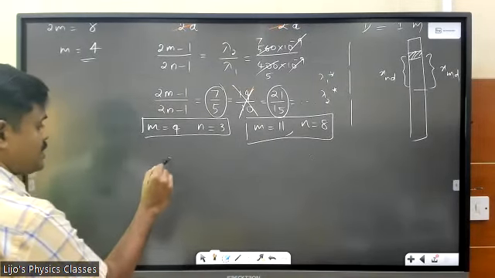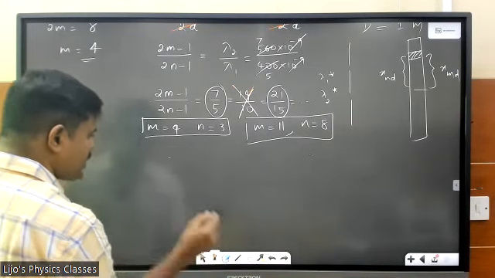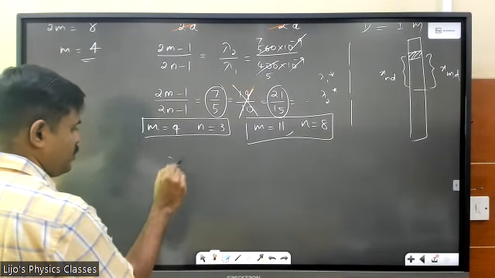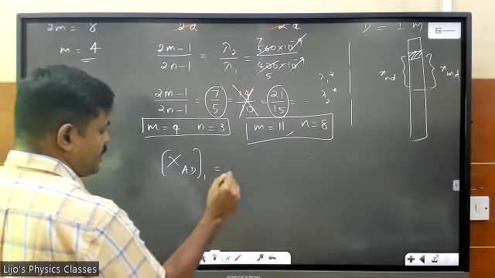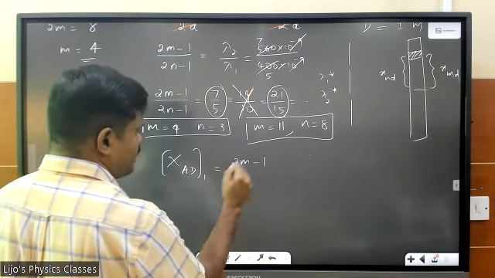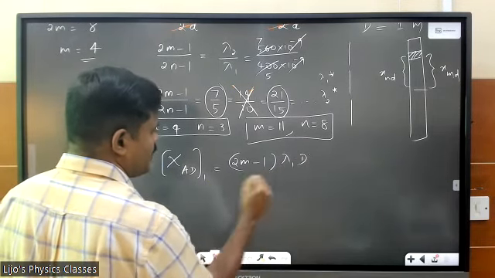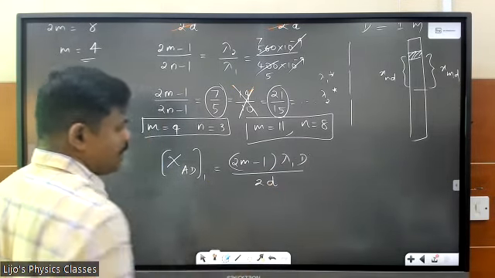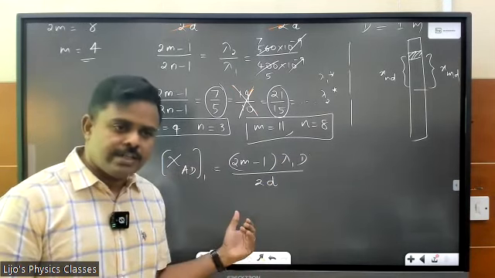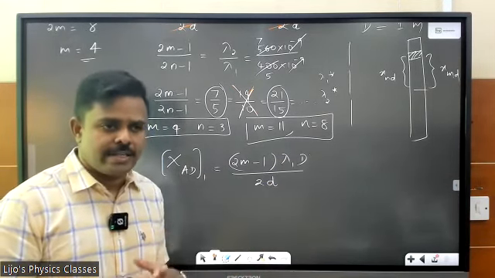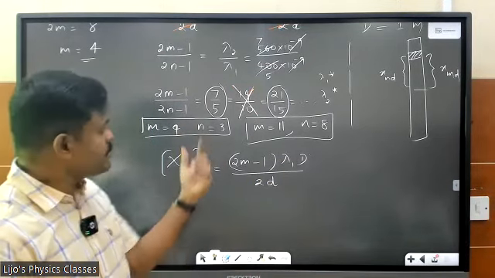First I can find distance to absolute darkness number 1. How do I take it? 2m minus 1 into lambda 1d divided by 2d. If you take second light, go with second light for both cases. If you take first light, do both with first light. Understood? I'm using m's in both cases.